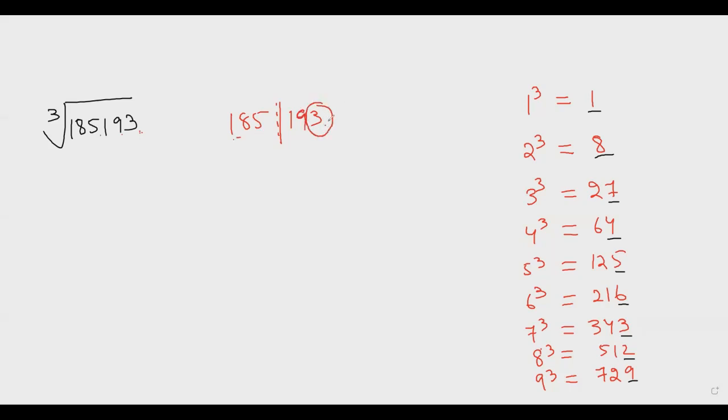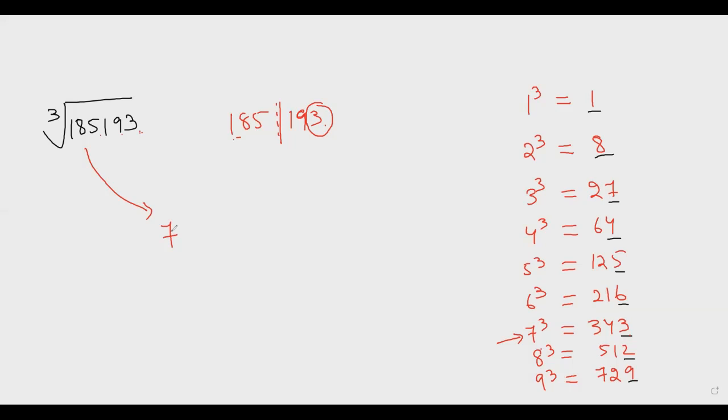The last digit is 3. Now look, the number whose cube ends in 3 is 7, right? If we cube 7, the last digit is going to be 3. Is that okay? So that means the last digit of the cube root is going to be 7.